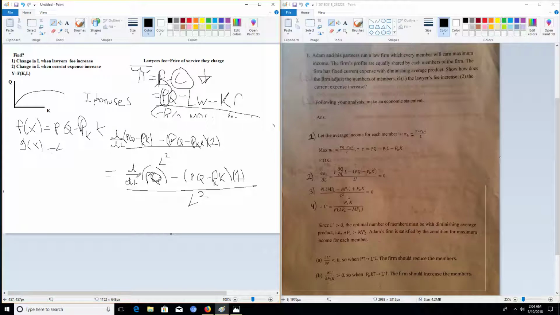So now we have to find the derivative of this. You guys are probably thinking, which is what I did, PQ, oh, that's revenue. So then this would be dR of dL, which is equal to the change in revenue due to a change in labor.